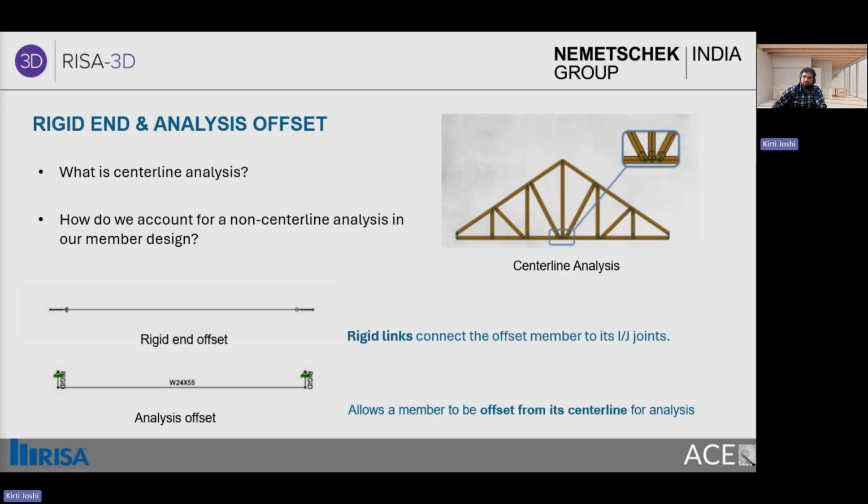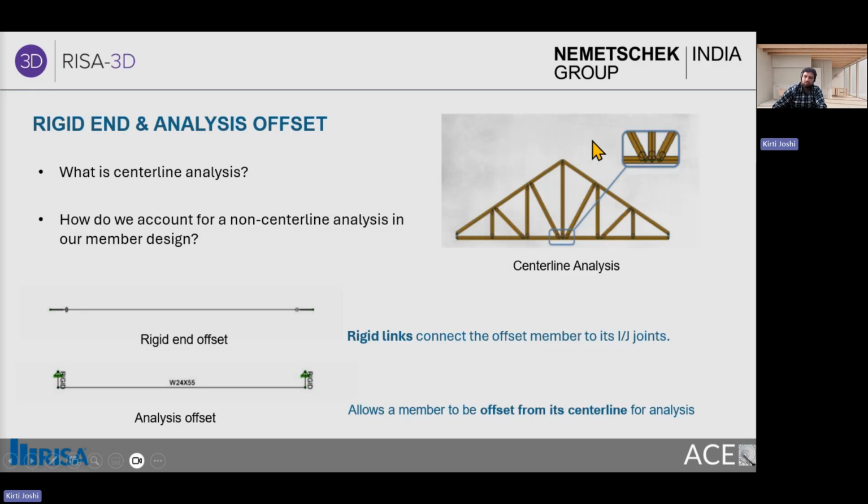All the members are framed center to center in this model. Centerline analysis means everything is modeled node to node. For example, if you have any column or beam, you are framing into the center of the member.